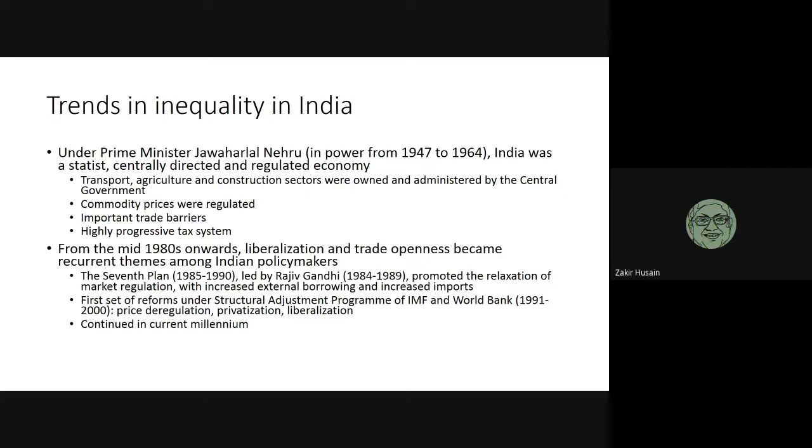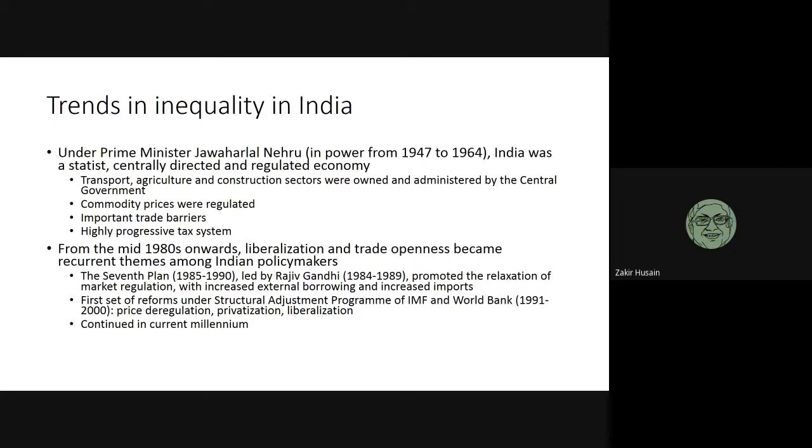Market regulations were gradually relaxed, foreign investment was encouraged, external borrowing started, and import duties were removed. Simultaneously, in the industrial sector, monopoly regulation, then privatization, these were the policy changes that were started.